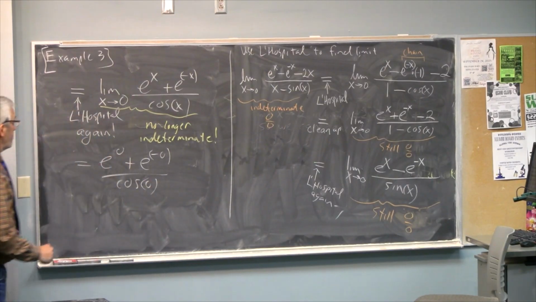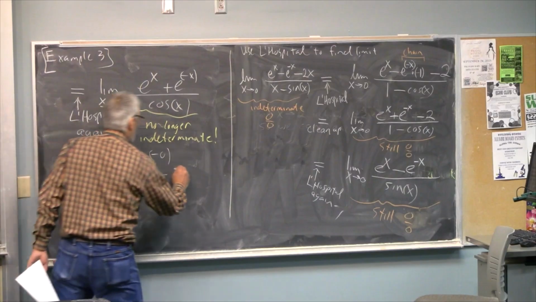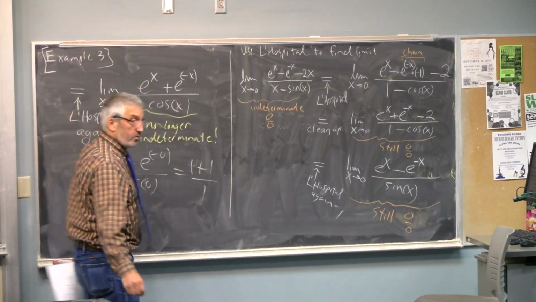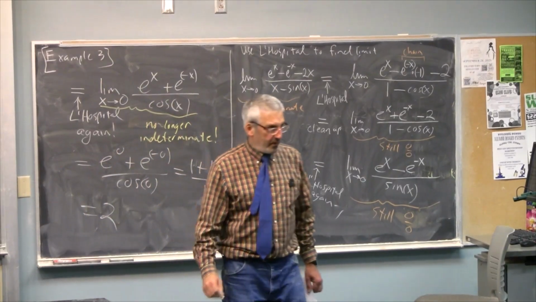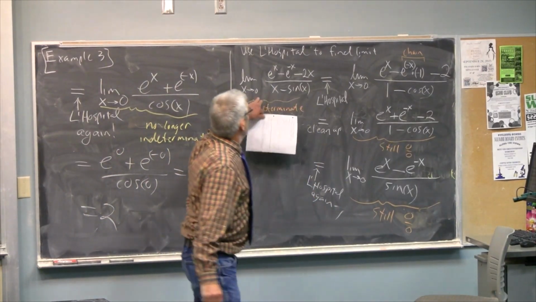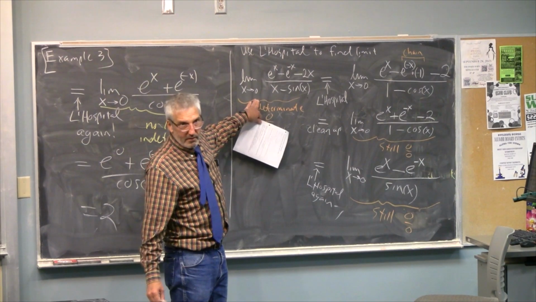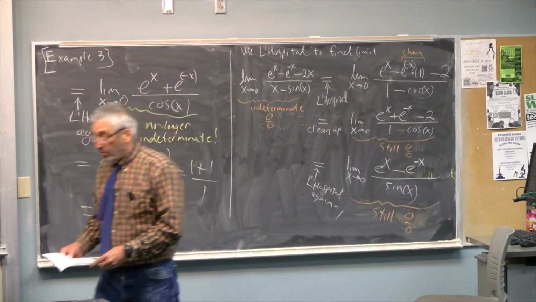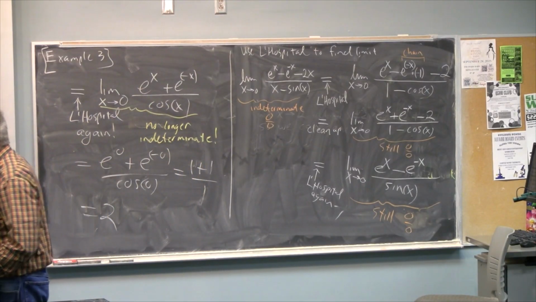So I get 1 plus 1 over 1, so I get the number 2. That's not a result that you could have foreseen. Looking at this, you have no idea that this is going to turn out. And again, nothing from chapter 2, or from section 1.4 would have helped you.